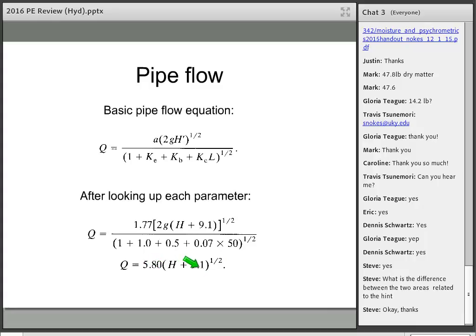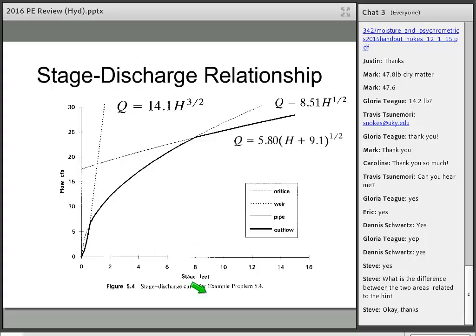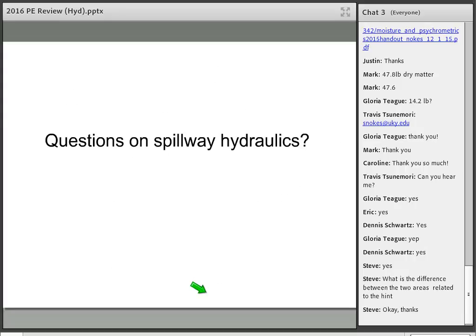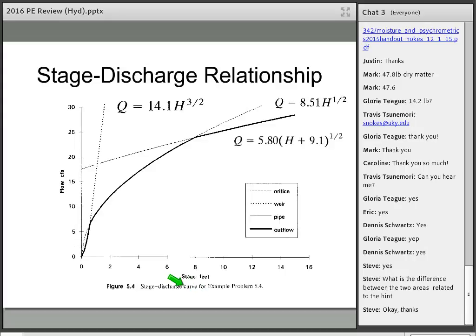And if you remember back when we looked at the chart, the pipe equation didn't start at the origin, the other two did. So in this case, you've got one that's offset by 9.1, and then it's the square root of that. So when you put them together, you end up with this. Back up. So you end up with the weir equation, the orifice equation, and then the pipe flow equation.